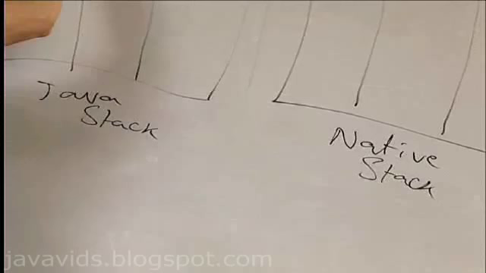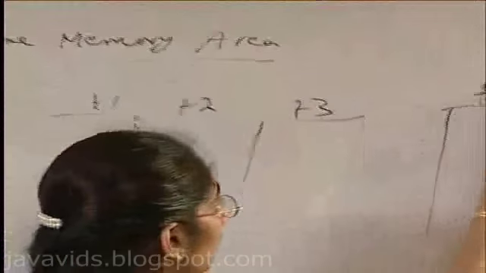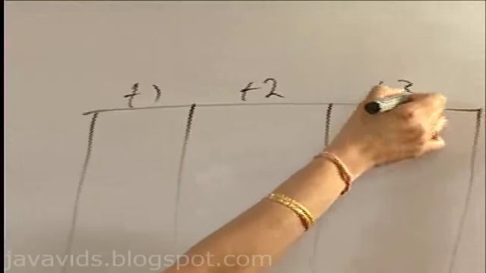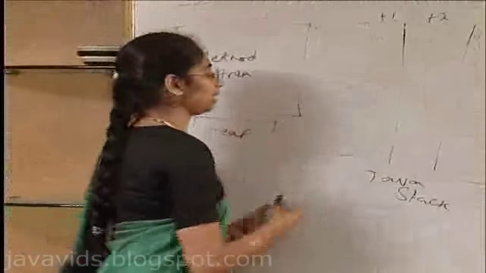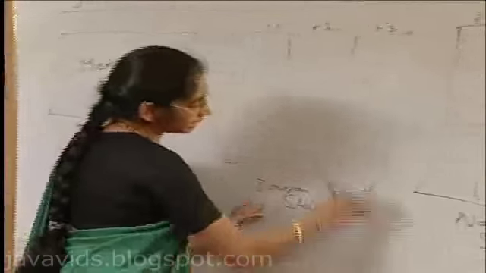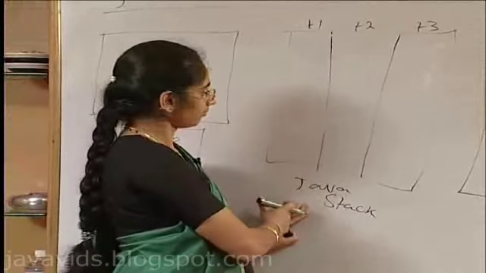For each thread, there is a Java stack and a native stack. The native stack is used when you invoke native methods, methods written in other languages. All Java methods execute in the Java stack.